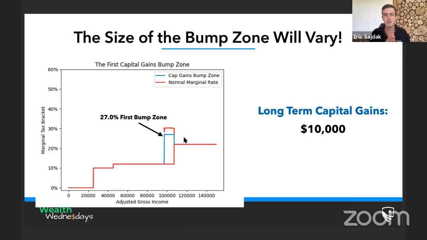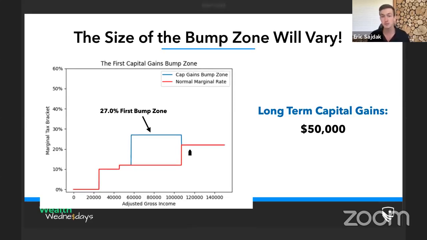So the bump zone will be as wide as you have long-term capital gains, if that makes sense. Okay, and you're going to be taxed at 27% because you're in the 12% bracket here. So you're going to be taxed at 12% on the IRA withdrawal and then 15% on the long-term capital gains, thus adding up to 27% for a marginal rate.